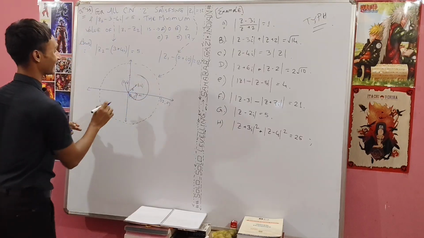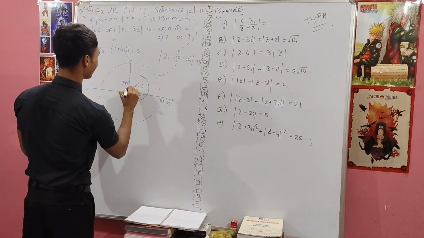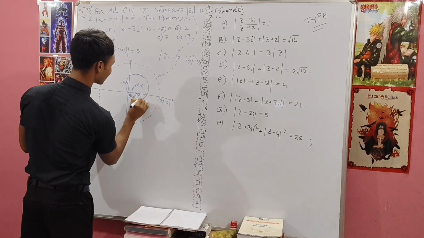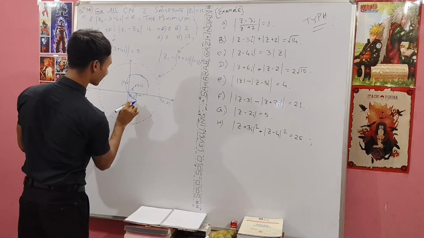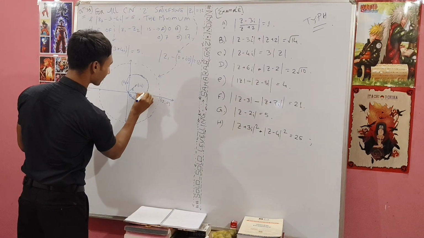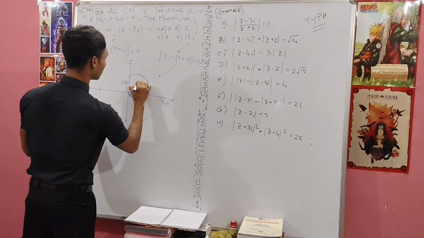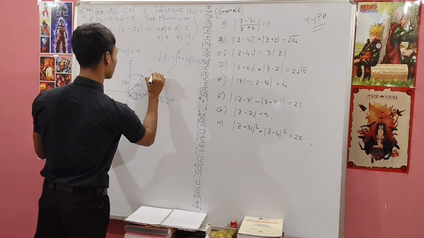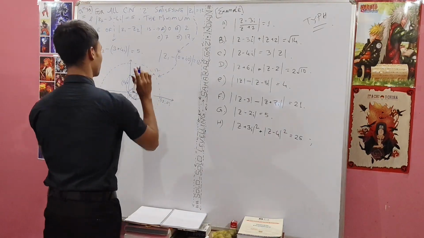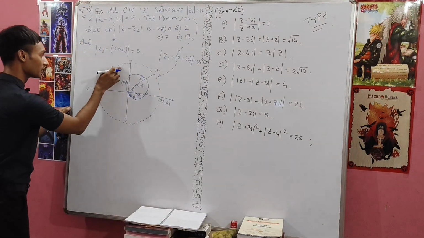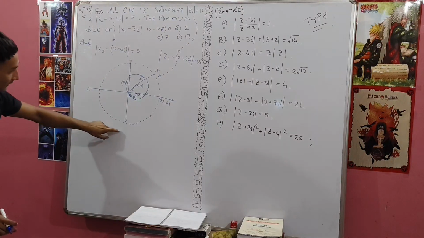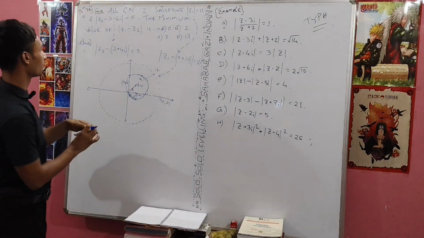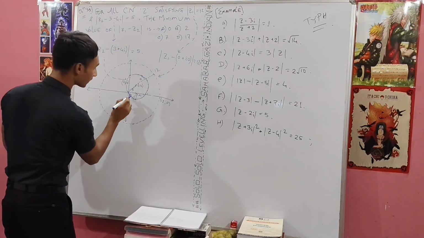It doesn't look like a circle, but yes, let's suppose it's a circle of radius 5 units. And the total distance from this to this is 12. Now z1 is moving around this circular line, so z1 can be anywhere. In the same way, z2 is also moving on this circular line.